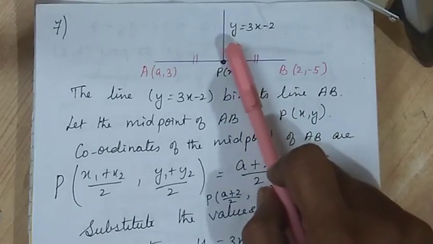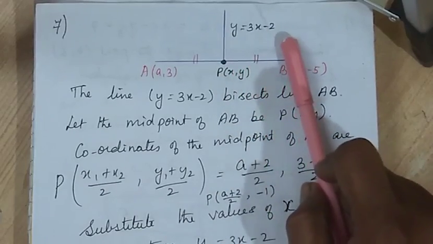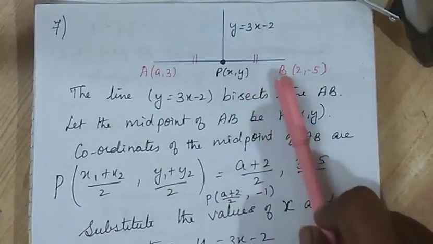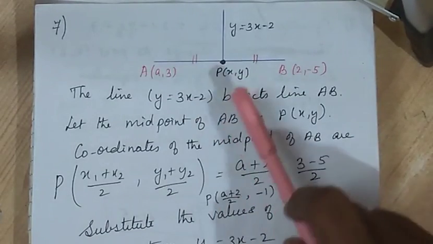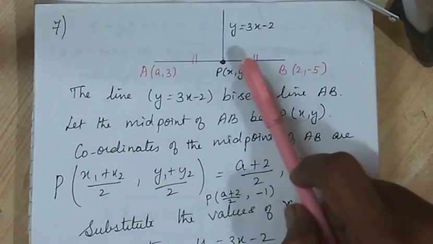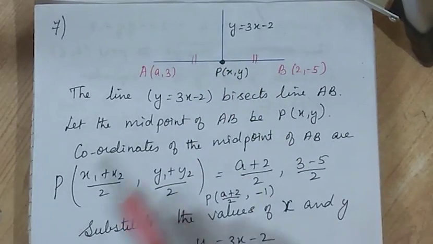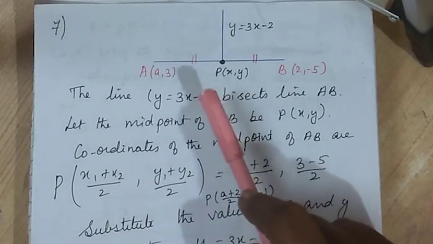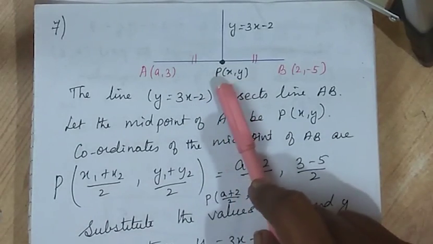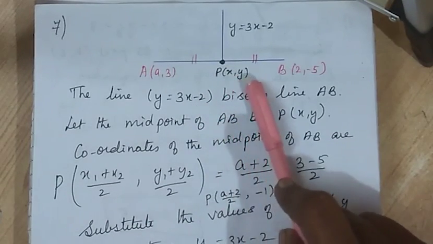The line y is equal to 3x minus 2 will bisect the line segment AB. Now, first we have to find out the midpoint of AB. Let us take the coordinates of the midpoint of AB, P, as x and y.